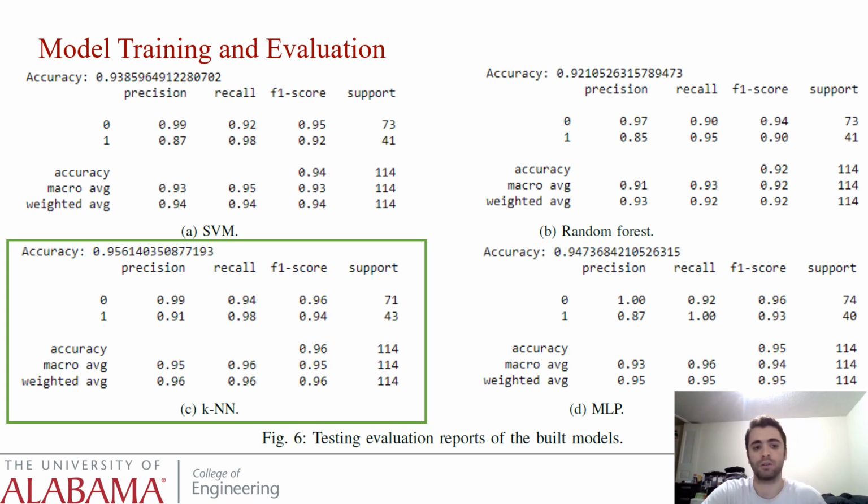But when we check the precision of the malignant samples, it's 91% in KNN and only 87% in MLP, so it's a huge difference. That's why I chose KNN as my deployment model, and I optimized its hyperparameters like the K value and the leaf size using a grid search method, which is mentioned in my report.